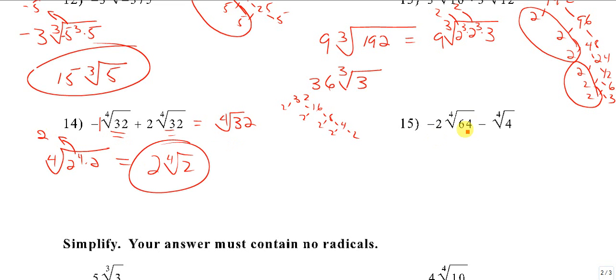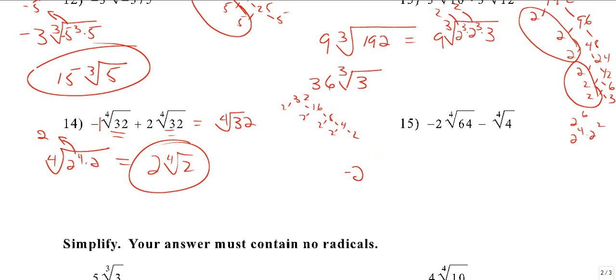Let's move to the next one. I cannot add these as they are or subtract them as they are because I do not have identical radicals, so I need to get 64 to somehow look like a 4 over here. So let's see what 64 is. Actually, we've done this enough. 64 is 2 to the 6th. Okay, so that's really 2 to the 4th times 2 squared. So let's go ahead and put that underneath there.